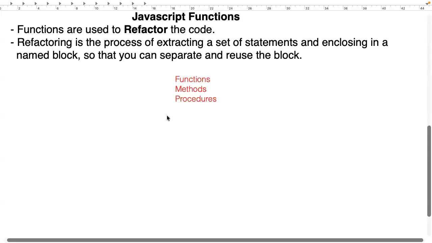Procedure means in one situation it will return a value, in another situation it can be void. Suppose in a stored procedure you write select star from table. If there is no data in the table, it will be void. If there is some data, then it will return. That means it can change the behavior. Functions always return, methods are always void, and procedures will be changing.